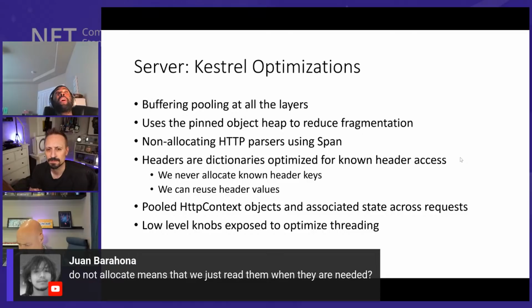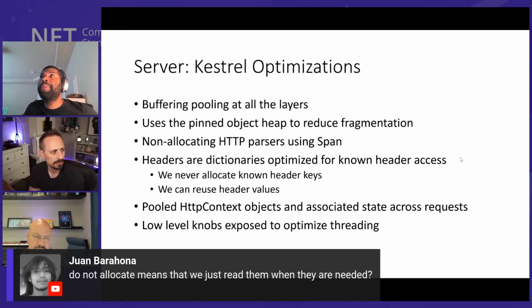String constants are basically bytes inside of the binary. They're interned, so you have a single object representing that string constant. And for known header keys, we never allocate a value beyond the constant that's in the binary for those known headers.